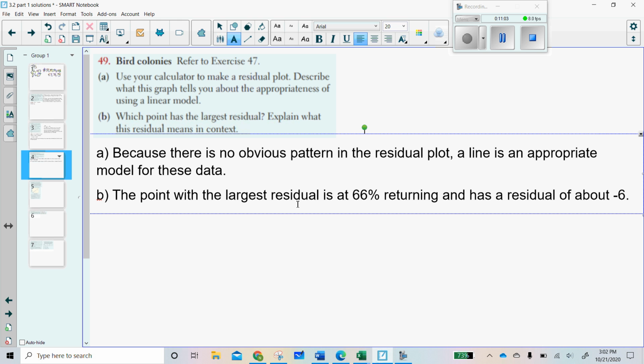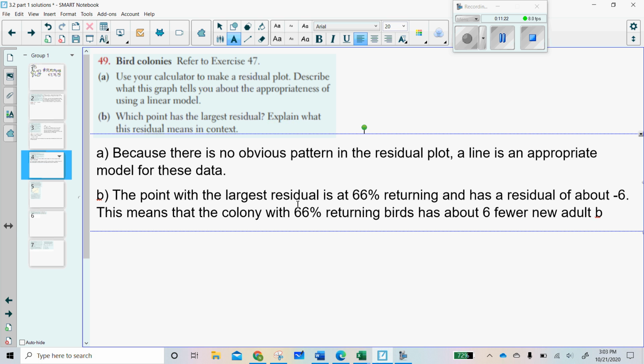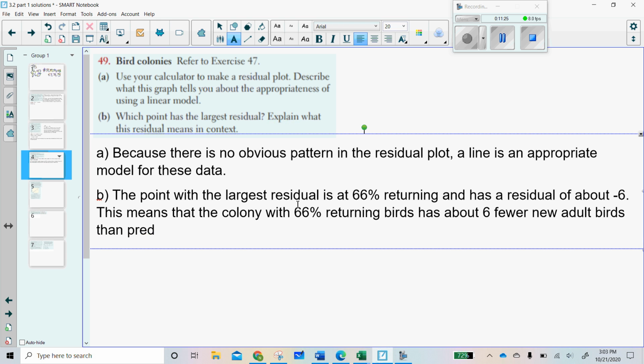And then it asked you to explain what that means in context. So this means that the colony with 66% returning birds has about 6 fewer new birds than expected, or than predicted.